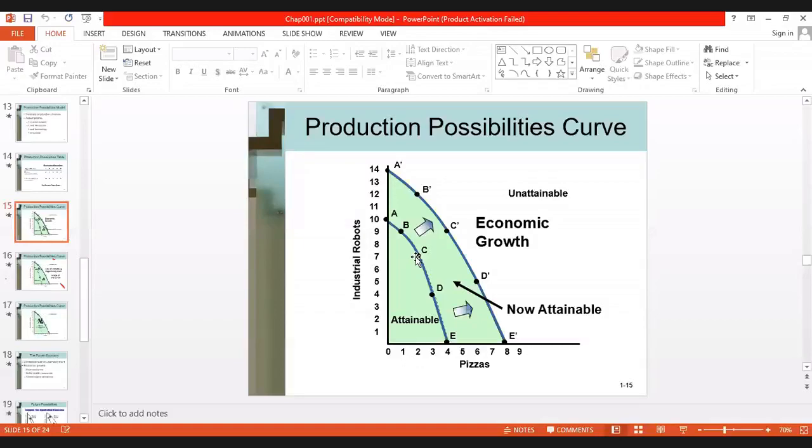The supply curve is the opportunity cost of pizza. If we produce one more pizza, we have to lose some robo. The value of that robo is the opportunity cost, the marginal cost. So the demand is the marginal benefit of each additional pizza, and the opportunity cost is the supply curve, the marginal cost.